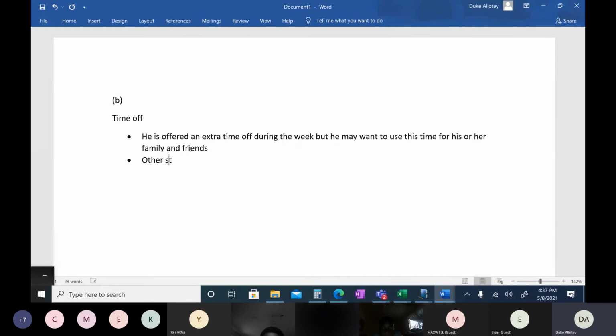Other staff are given this option of time off during the week plus 50% extra in daily rates.